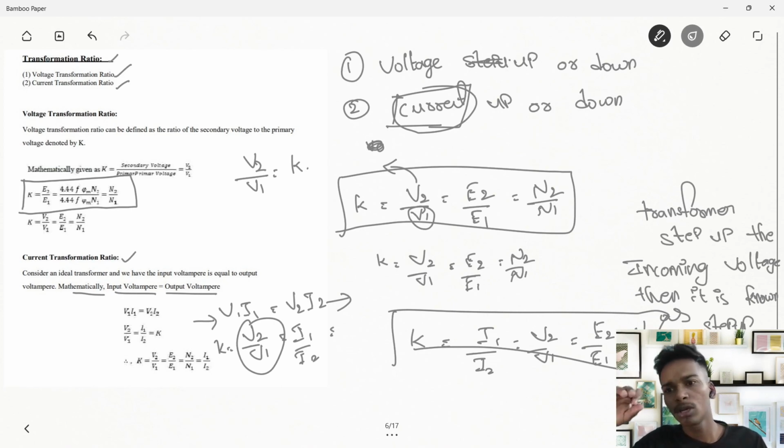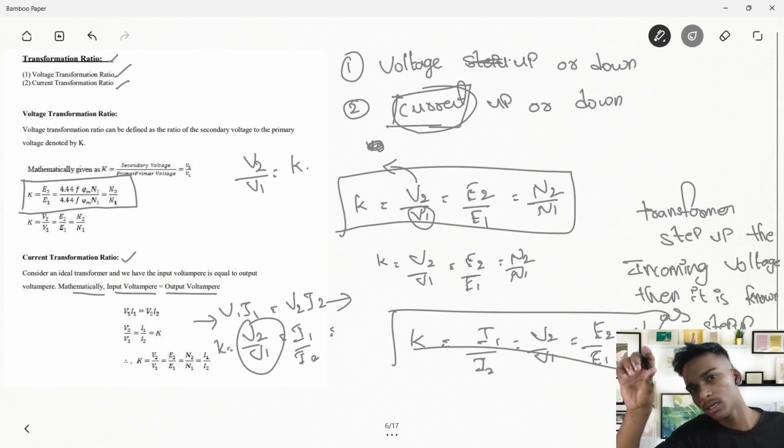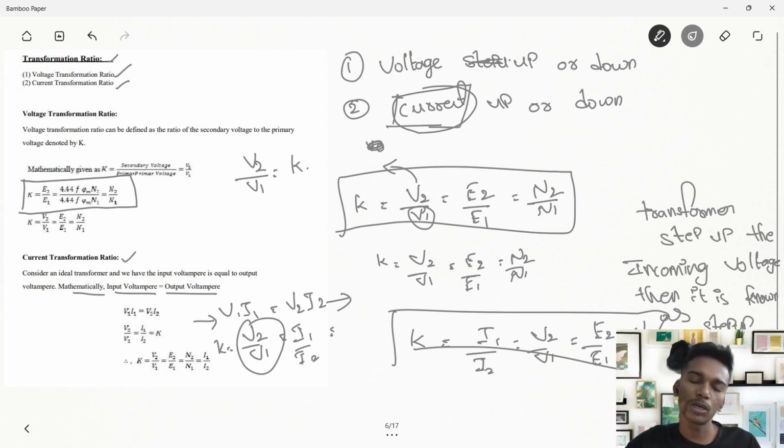In some scenarios we might have an 11 kilovolt line and we have to step it down to 220 or 250 volts. There we use a step-down transformer, which steps down the voltage of the incoming energy and sends it to the whole circuit. That is the difference between step-up and step-down transformers.